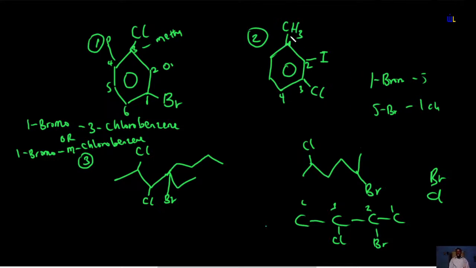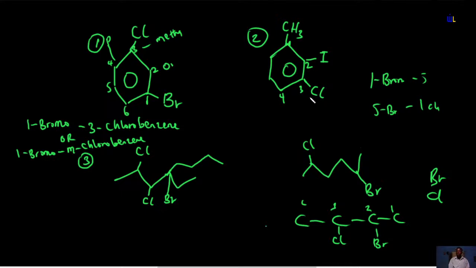What makes toluene is the CH3. Without this CH3, this is not going to be toluene. That's why we are considering it first. So the parent name is toluene, not methylbenzene. You can say methylbenzene, but the parent name is toluene. I mentioned this in the last class.